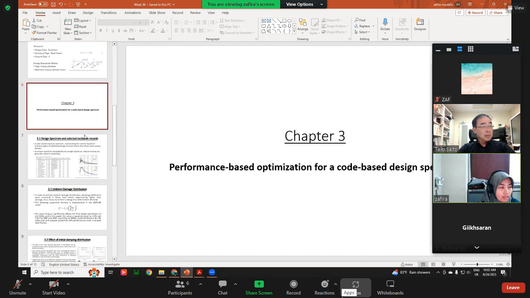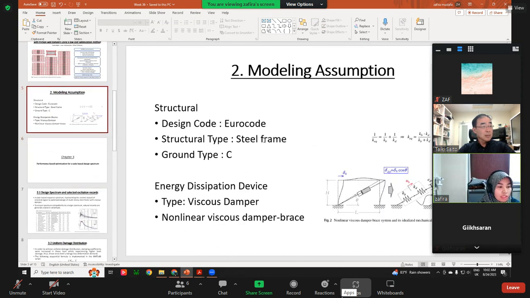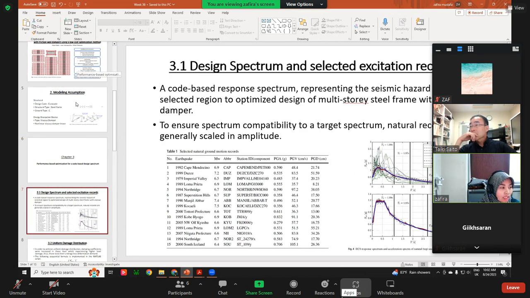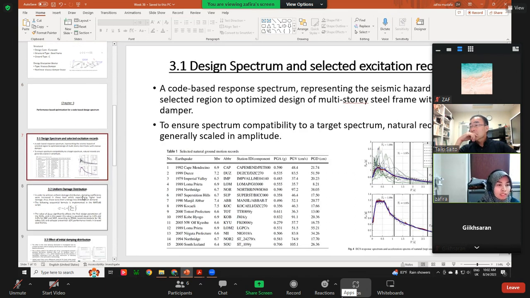This is the chapter breakdown inside the paper. Chapter 2 explains the structure itself. It's using Eurocode, and the energy dissipation device was a viscous damper. Chapter 3 discusses performance-based optimization for the code-based design spectrum. There are a few methods he used to optimize the design.